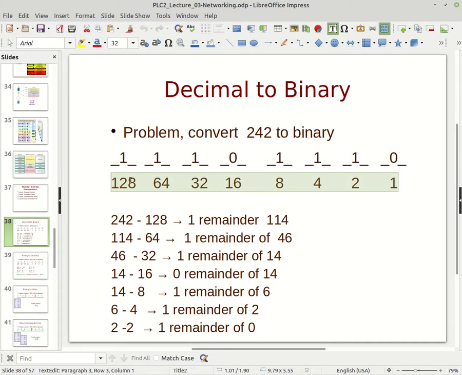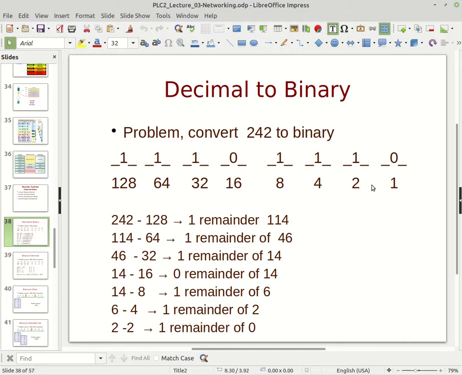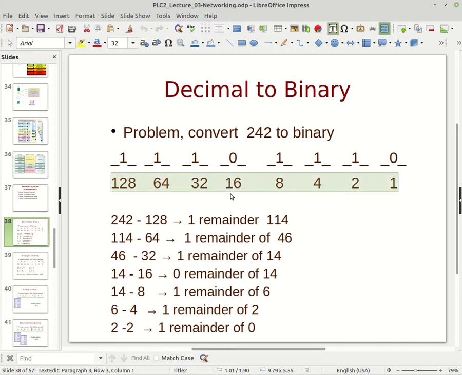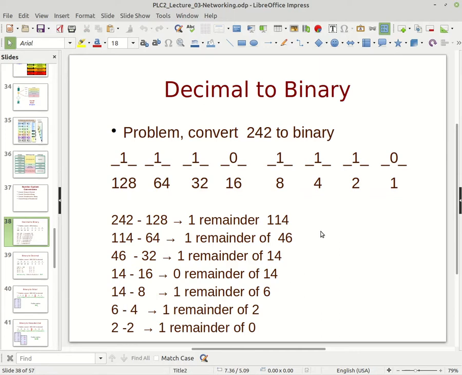So what you tend to see is these 8 values, 128, 64, 32, 16, 8, 4, 2, and 1, show up a lot anytime you're working with IP addresses, because we break it down into an 8-bit section. So the 32-bit IP version 4 is broken down into these 8-bit sections.